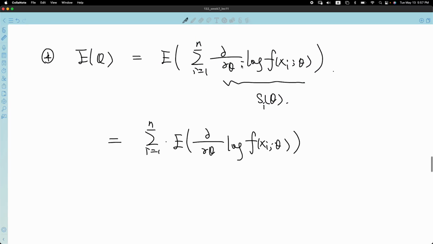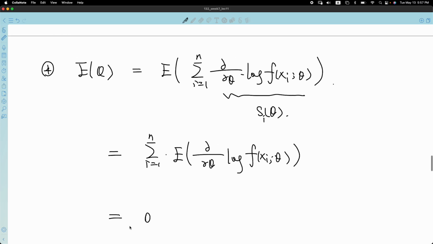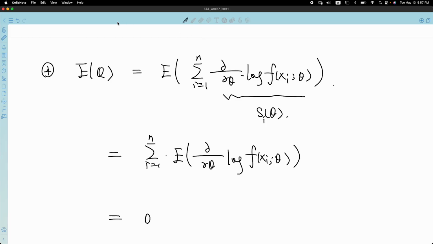So we know that the expected Q is equal to 0. Any question? This is another piece of information that can help in our construction of the correlation: the expected Q equals 0. Any question or comments?